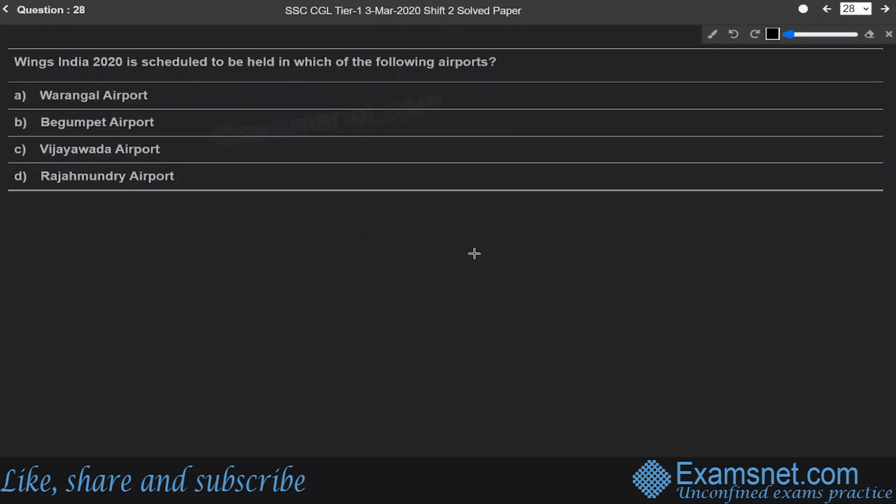Next question is, Wings India 2020 is scheduled to be held in which of the following airports? And the options are Warangal Airport, Begumpet Airport, Vijayawada Airport, and Rajahmundry Airport. So what is Wings India 2020? It is basically a business exhibition.